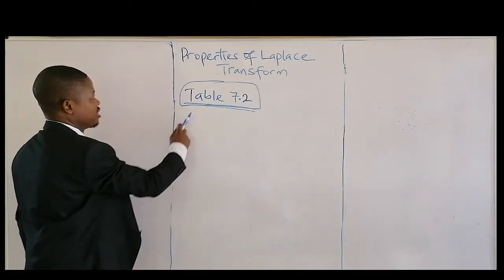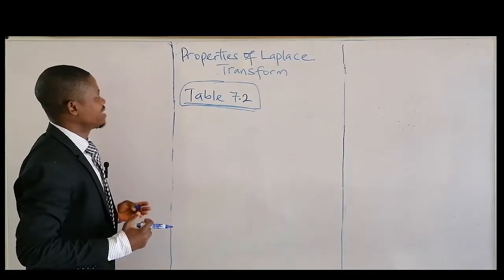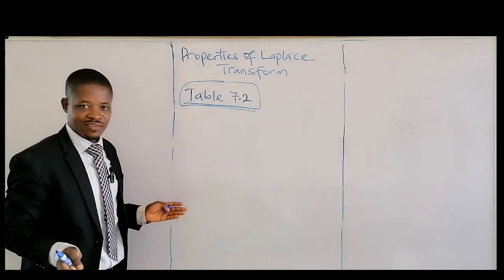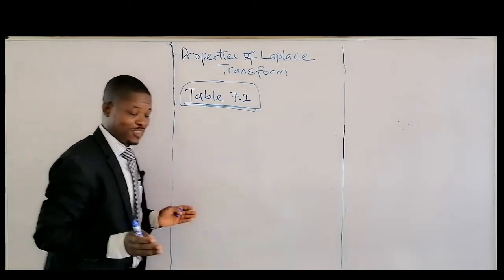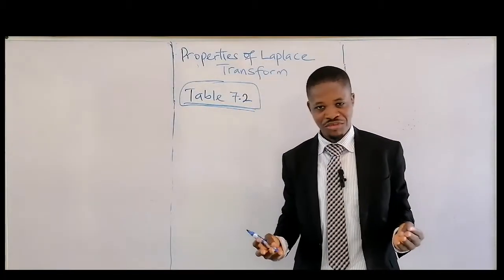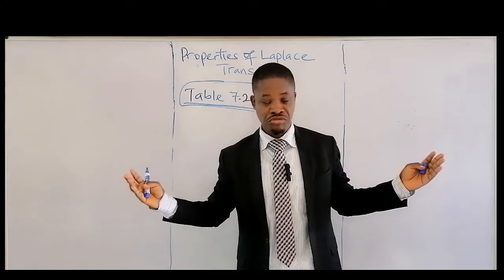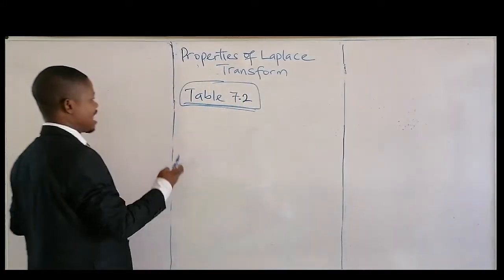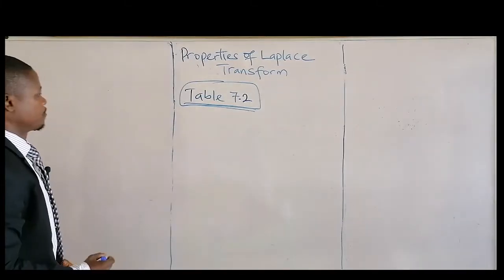We are looking at table 7.2, and here we're looking at the properties of Laplace transform. Laplace transform is all about tables. You must be familiar with your tables, which I can call the rules, the formulas. Let's dive straight into table 7.2.